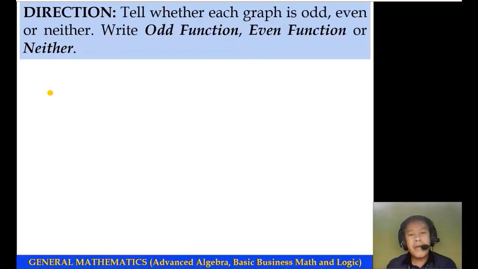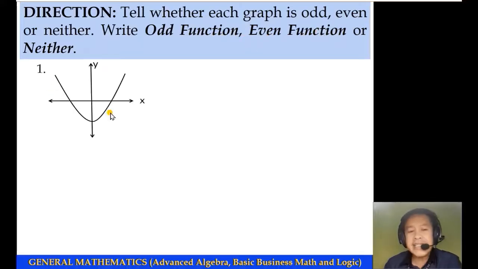If our graph is symmetric with the origin, our graph is an odd function. If our graph is symmetric with the y-axis, our graph is an even function. If our graph is not symmetric with the origin and not symmetric with the y-axis, that is never an odd function nor an even function.